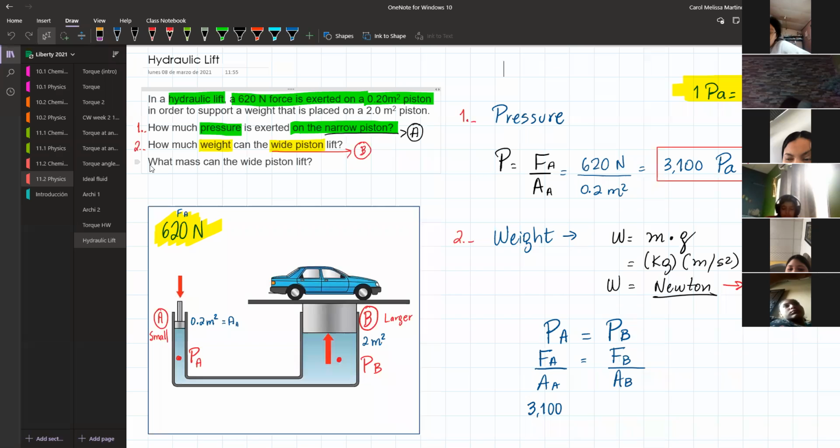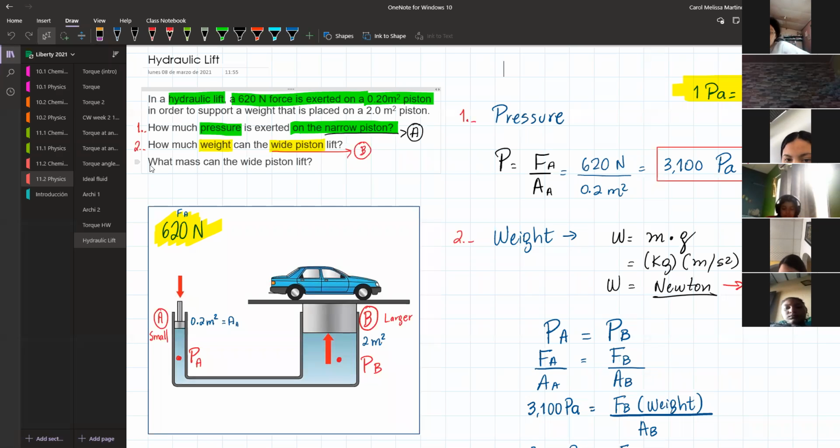3,100 pascals is going to be equal to the other side of the formula. That is the force B. Remember that force, we're talking about the weight that the hydraulic lift can lift. And this is going to be divided by the area in B. The force in B is the unknown, that's what I want to find. And the area in B is 2 square meters.